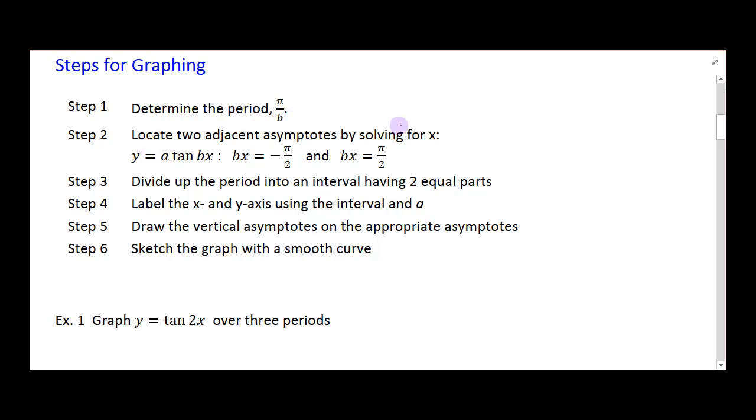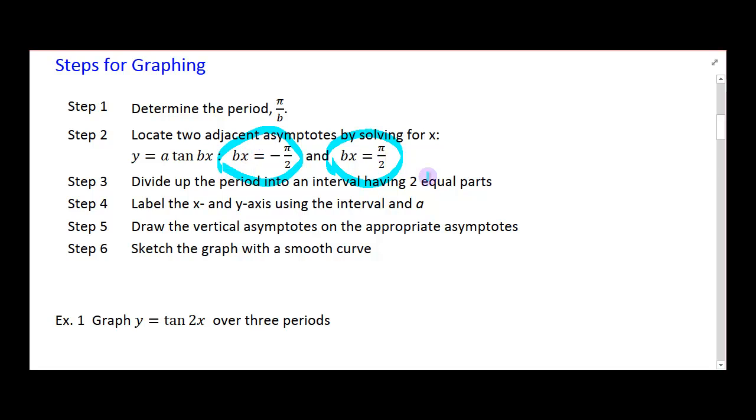Then we're going to locate the two asymptotes on either side of the function that I'm graphing. And for tangent, we find that by solving these two equations right here. I'm going to solve for both a negative and a positive value, solving for x. In other words, I'm solving to figure out where the vertical asymptote is crossing the x-axis on the left of my intercept and on the right of my intercept.